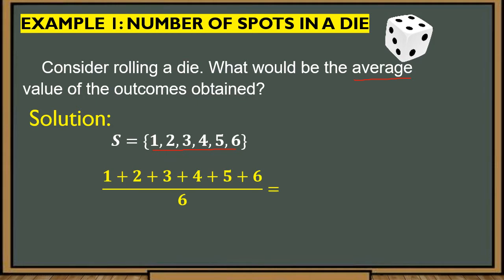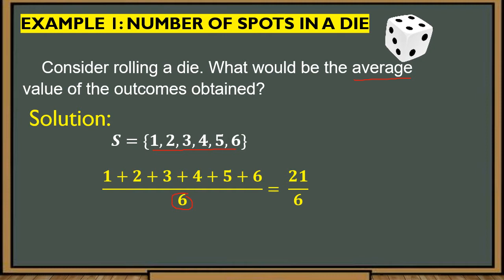To get the average value of the outcomes, we simply add the possible outcomes: 1 plus 2 plus 3 plus 4 plus 5 plus 6, and divide it by the total number of outcomes. Since there are 6 possible outcomes, we divide by 6. By doing that, we get 21 over 6.